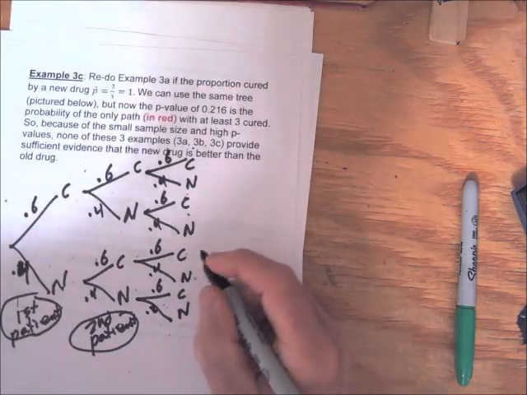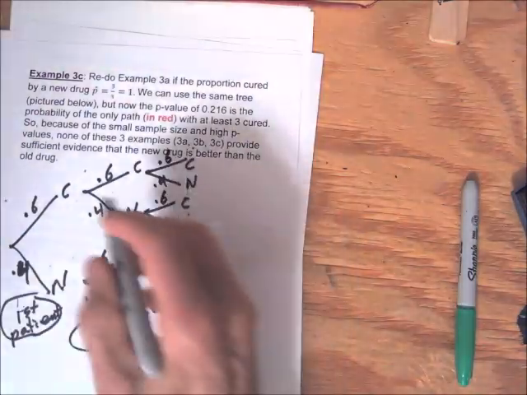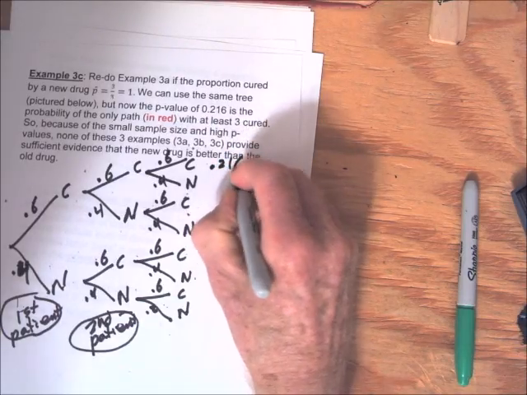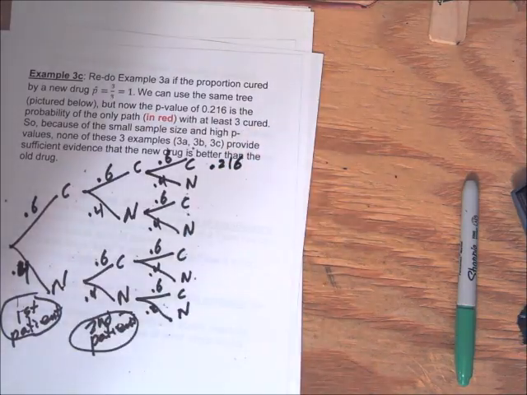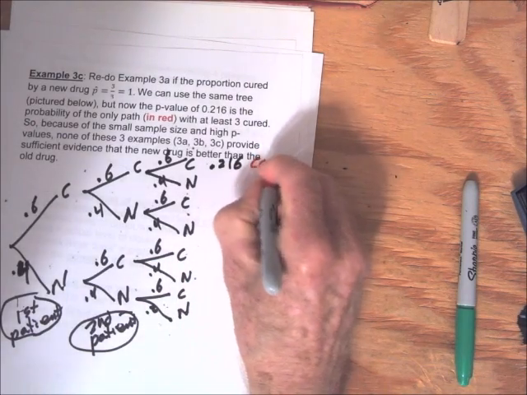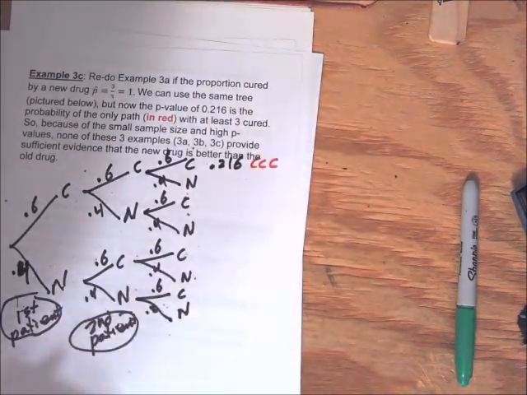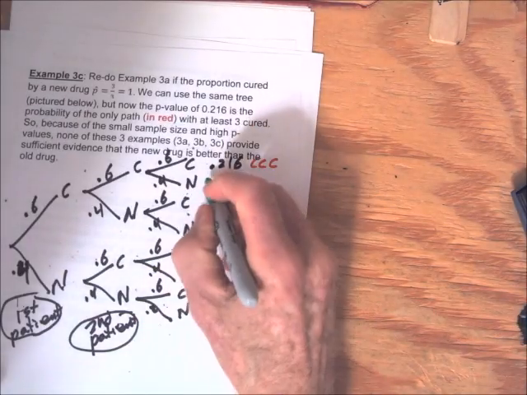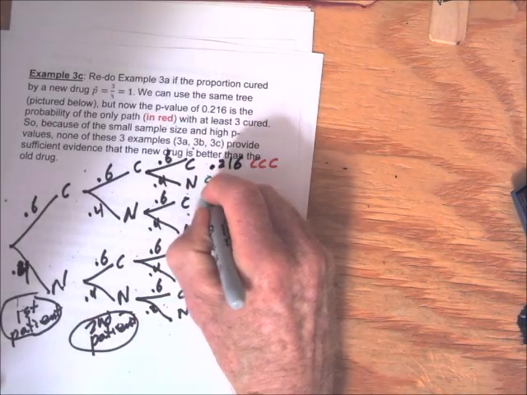Okay, so we only actually need the top path, 0.6 times 0.6 times 0.6, 0.216. That's all 3 were cured, and we can skip the rest of the paths. There's only one path where at least 3 out of 3 were cured.